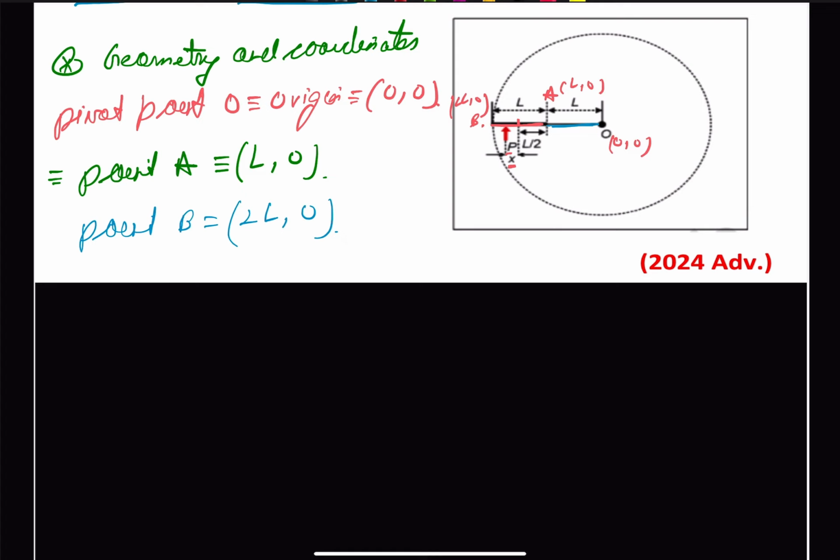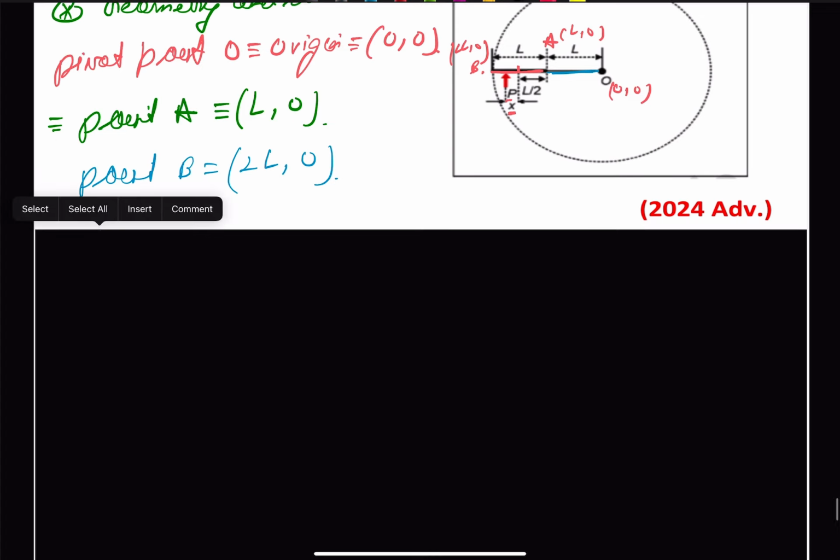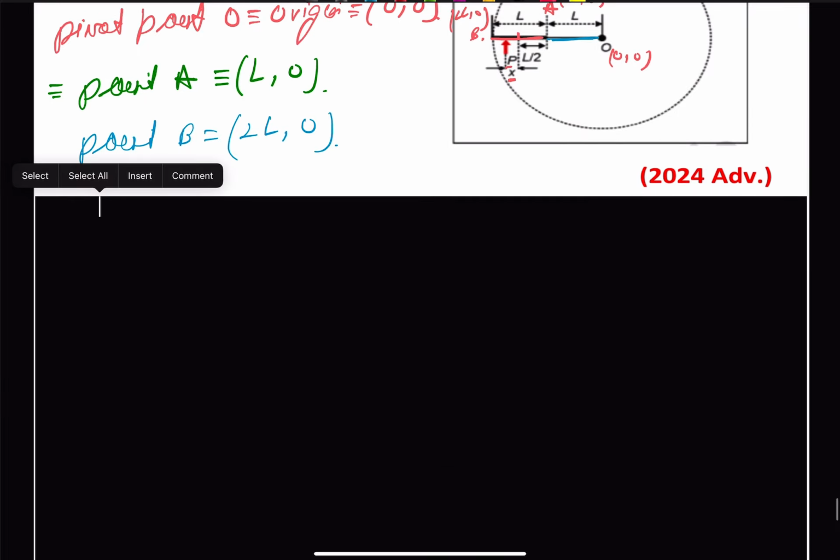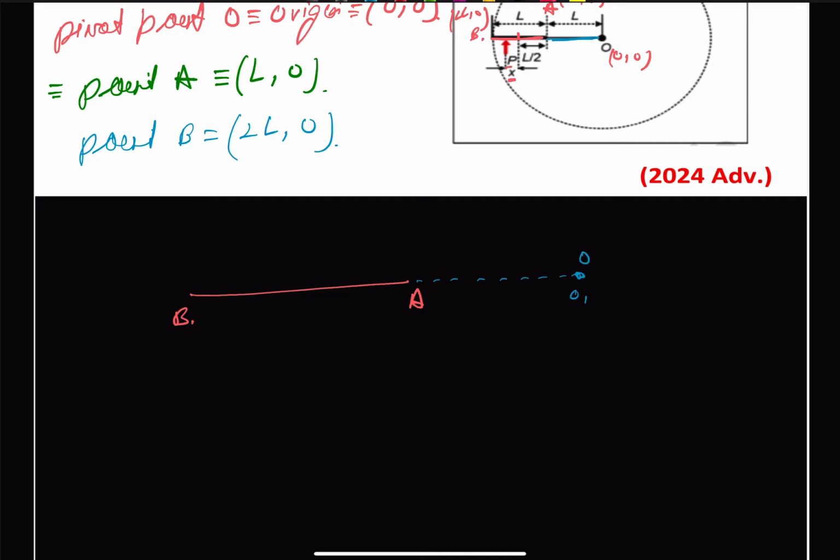Let us call the center of the rod point C. Let me draw this figure on a larger scale. This is A, B, and the string, and this point is O. So this is 0, 0, this is L, 0, and this is 2L, 0.